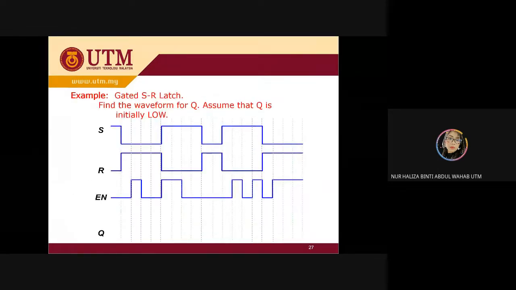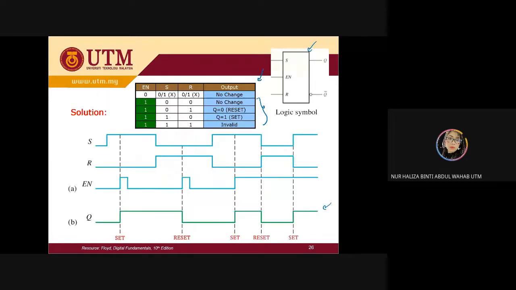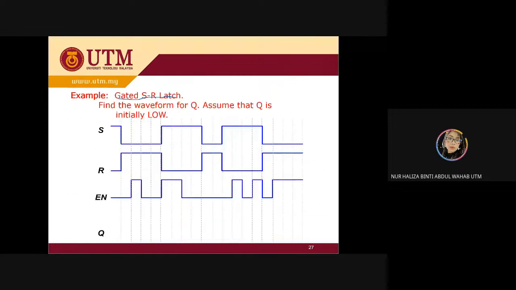So next you are given another example. It's mentioned about gated SR latch. Gated SR latch, you need to remember back this similar table. Find the waveform of Q, and again, as mentioned, the initial value of Q will be given. So first thing, now it's lucky for me because it's already given the dotted line here.